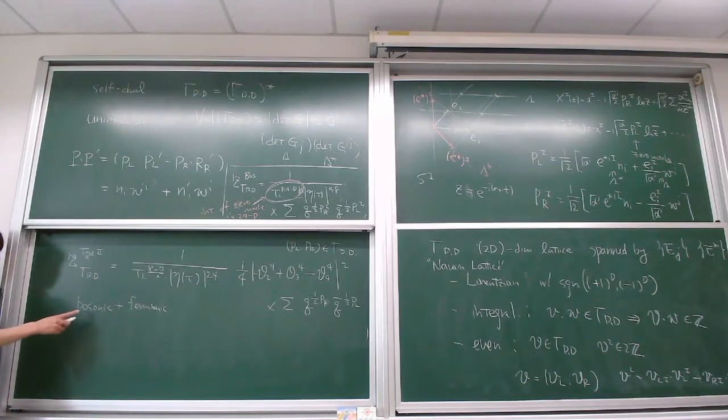And how many contributions of the right moving holomorphic bosonic modes would give you eta? How many exponents? Why over there it's 48? It's only bosonic.